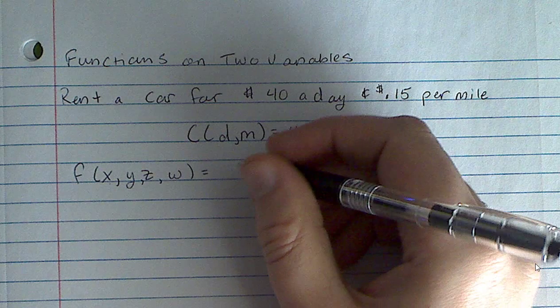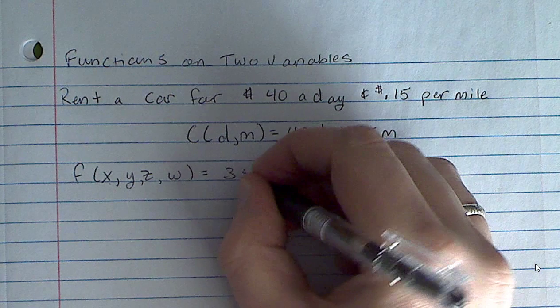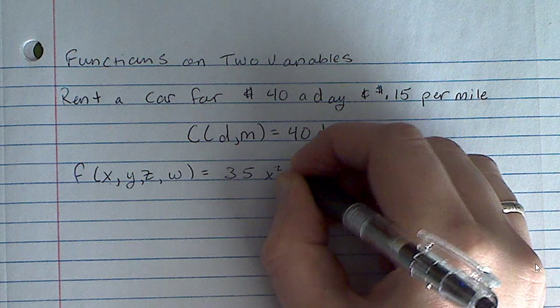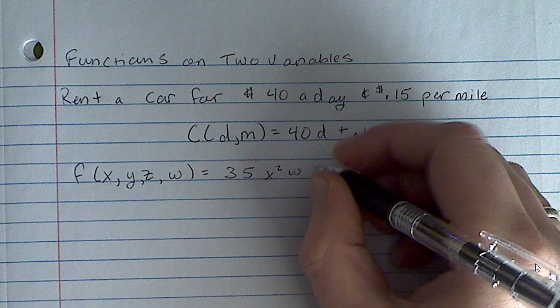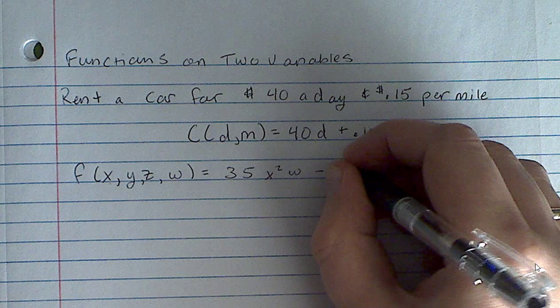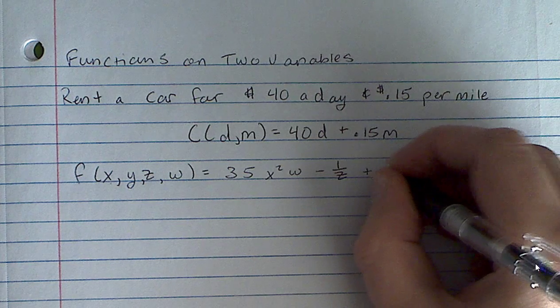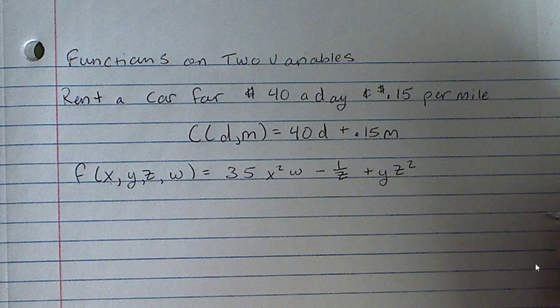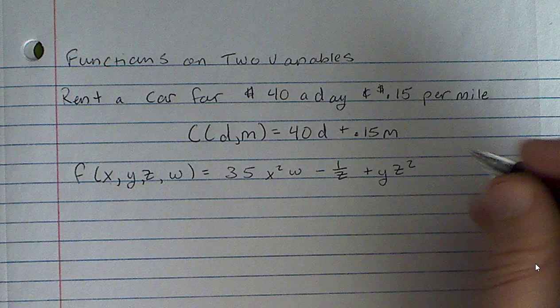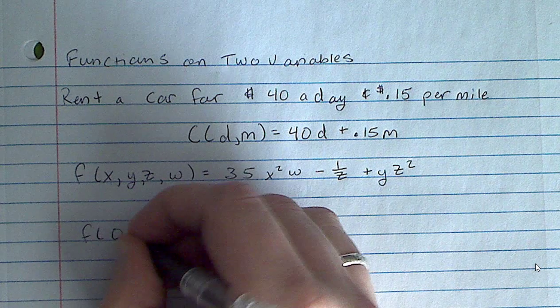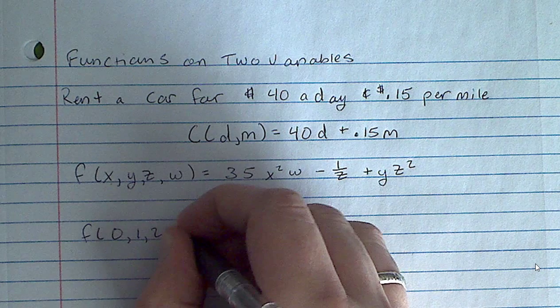And it's equal to 35 x squared w minus 1 over z plus y z squared. And I want to evaluate this for f of 0, 1, 2, 3.